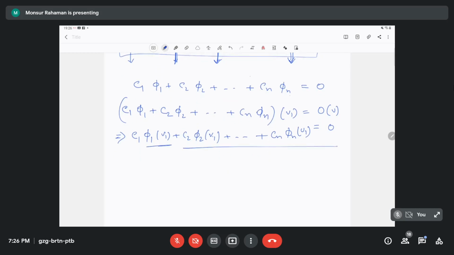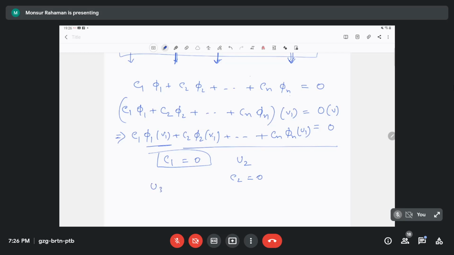By our definition, all will be 0. Only this one will survive and will be 1, because phi i vj is 1 when i equals j, and 0 when i is not equal to j. So only this one will survive, so c1 is equal to 0. In a similar way, when you send v2, you can prove that c2 is 0.